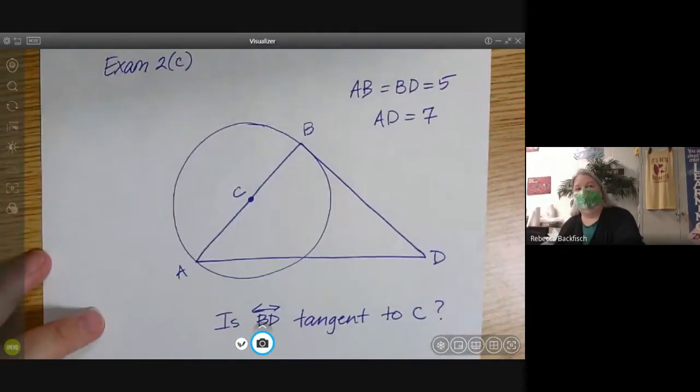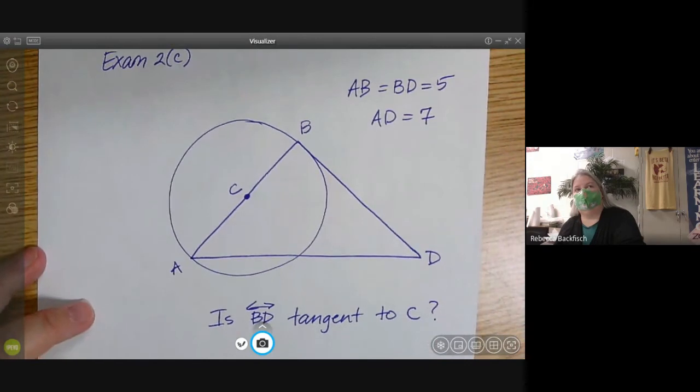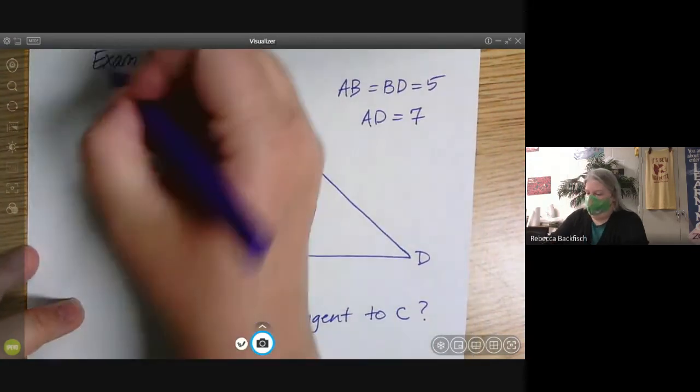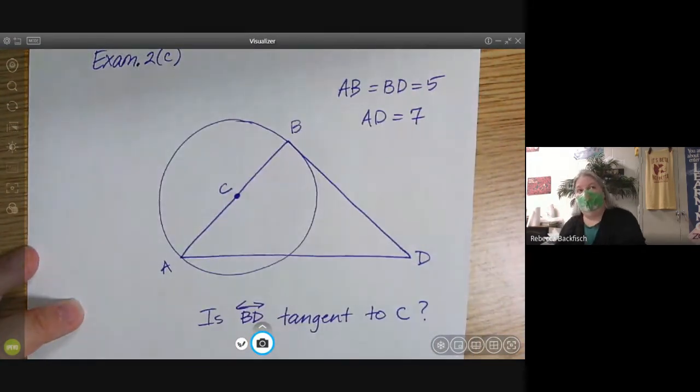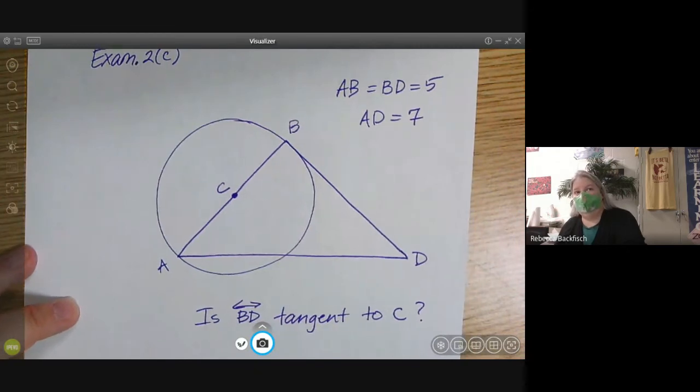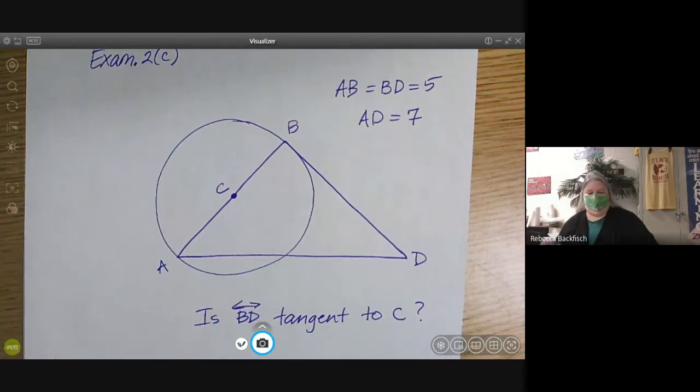Or lettering or whatever. Example, not exam. Remember, you cannot look at this and say, yeah, look, it only touches at one point. You have to actually mathematically figure out whether or not that's a tangent segment.